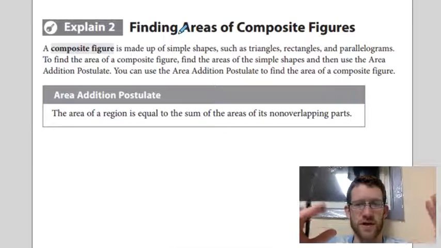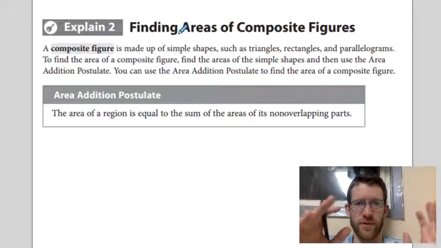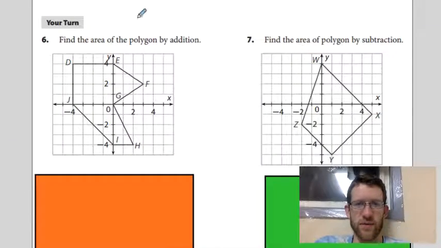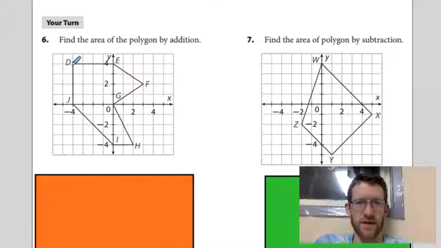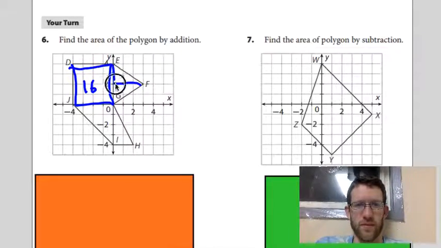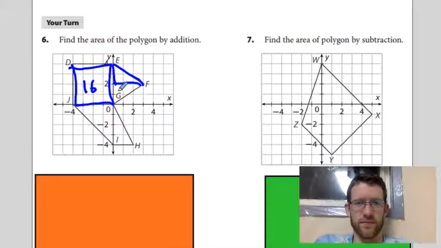We can also, just like when I was going over those formulas earlier, piece things together in what's called a composite figure. So for example, these are pretty easy to do. Most of you guys can do this. We know that this part of the figure is a square, so that's 4 by 4, that's 16 there. We know that this one here is 2 by 3, so it's 2 times 3 times 1/2, so that's 3.